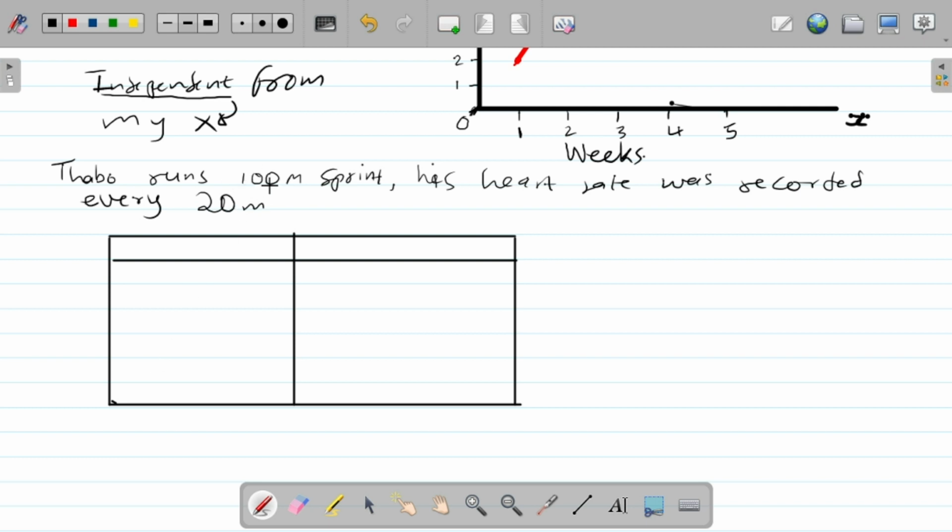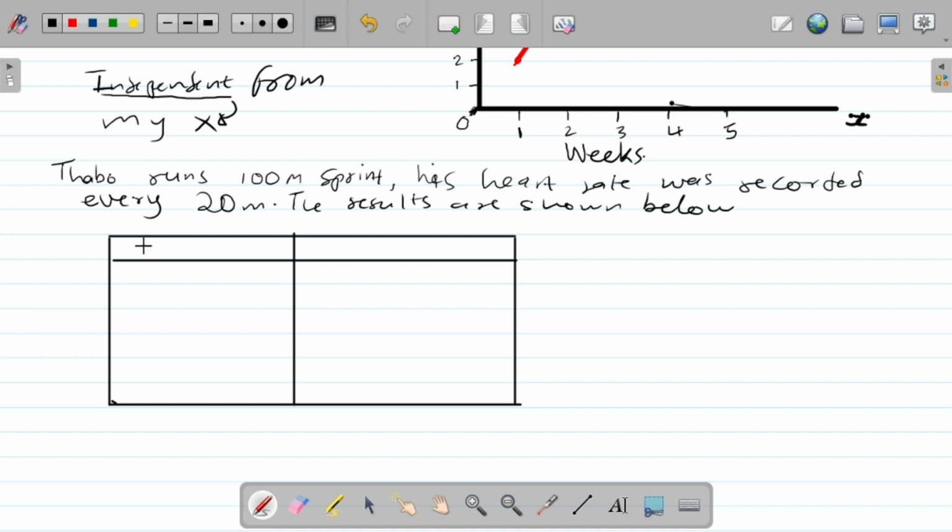Meaning in 100 meters, you'll have 5 readings. So, this is Thabo. He's running a 100-meter sprint. And his heart rate was recorded every 20 meters. The results are shown below.